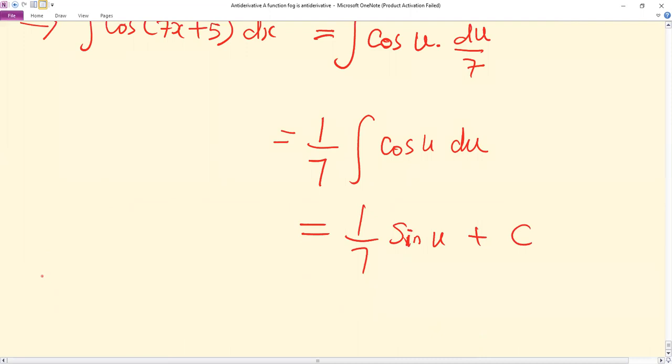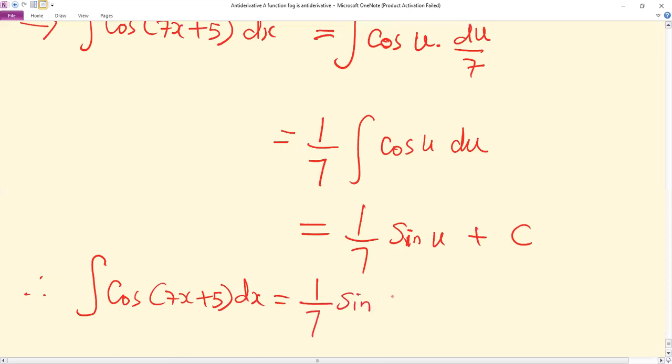So therefore, integral of cosine of 7x plus 5 dx is 1 over 7 sine of u, where u is 7x plus 5, then plus the constant of integration c.